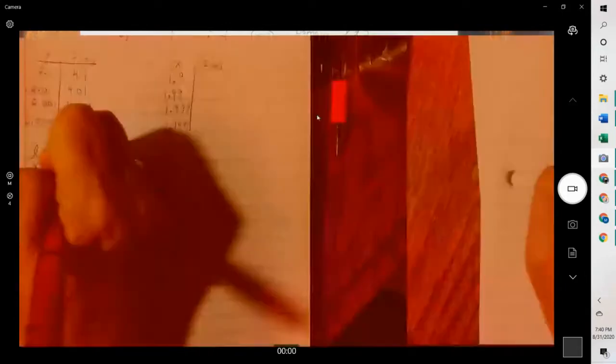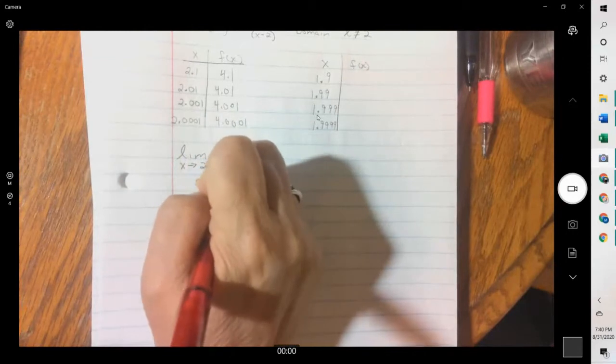That means the limit as x approaches 2, and this is a little larger, so it's from the right, equals 4.